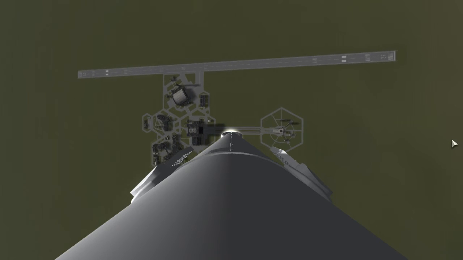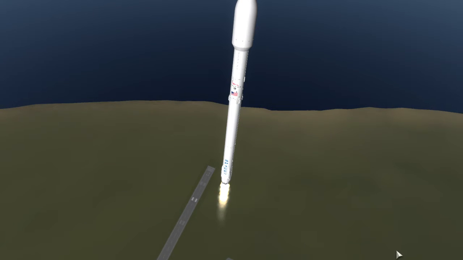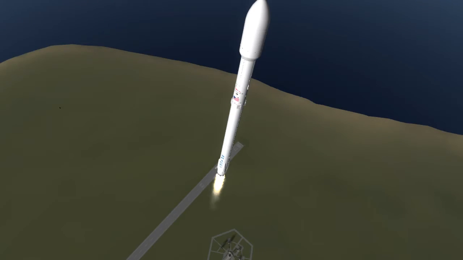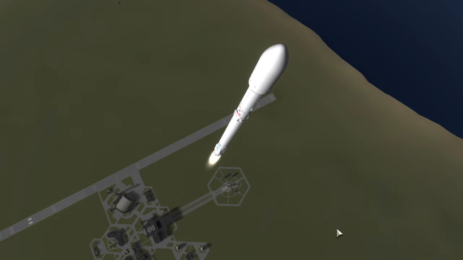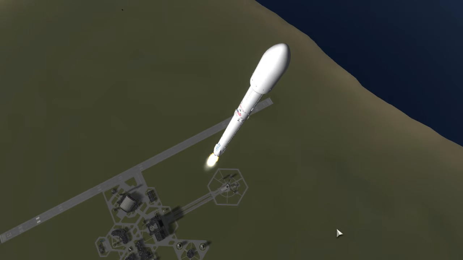Downrange pitch, start nominal. Falcon 9 flying as expected.